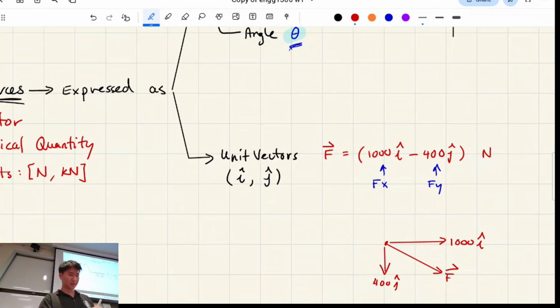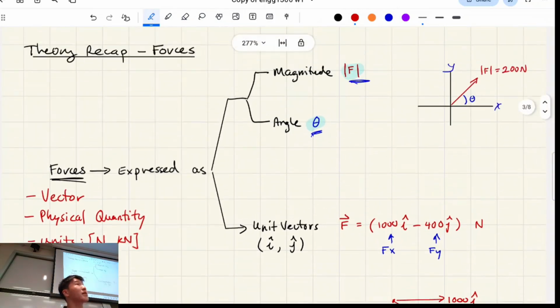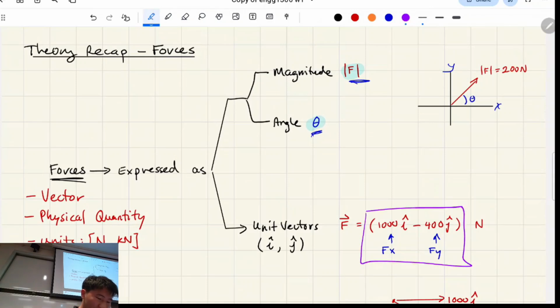Yeah, in terms of converting between these, every now and then you'll find yourself having to convert between these notations. And we use the formulas which I mentioned earlier, which are Pythagoras and inverse tan, rise over run. So getting from Fx and Fy, we can use this formula to get to theta.